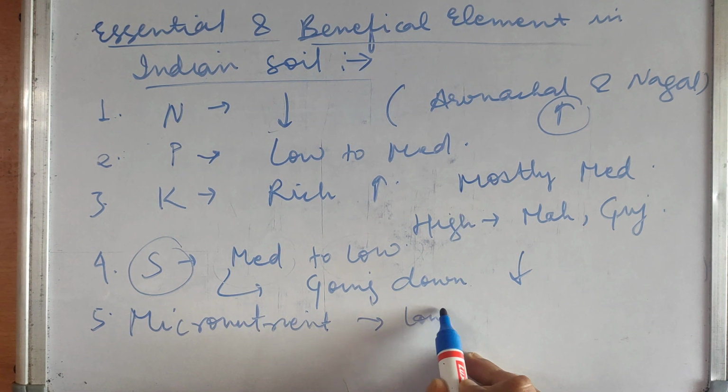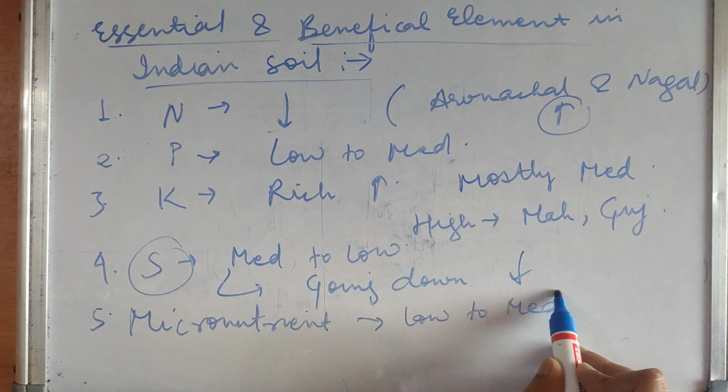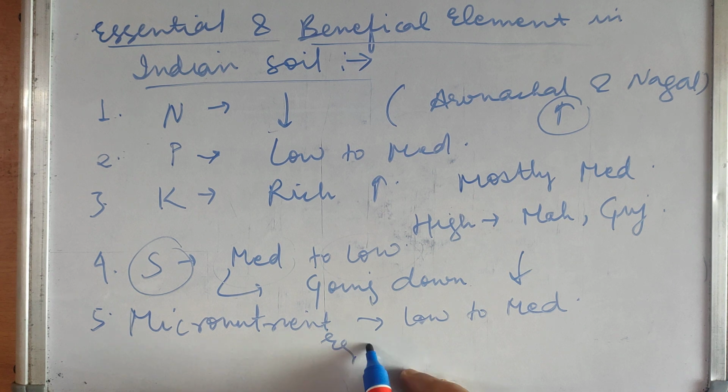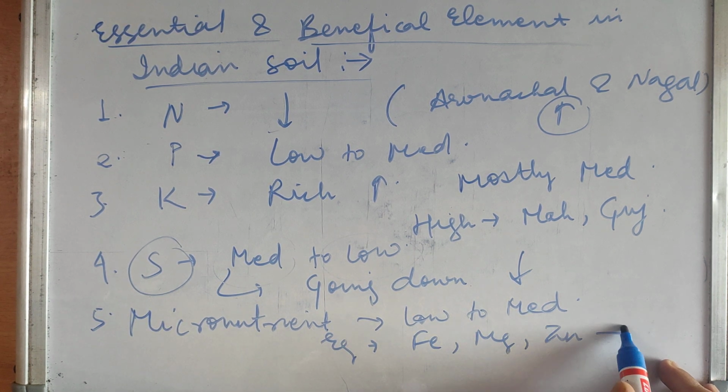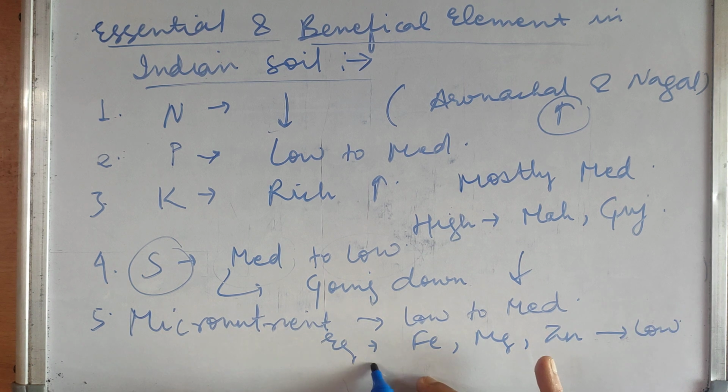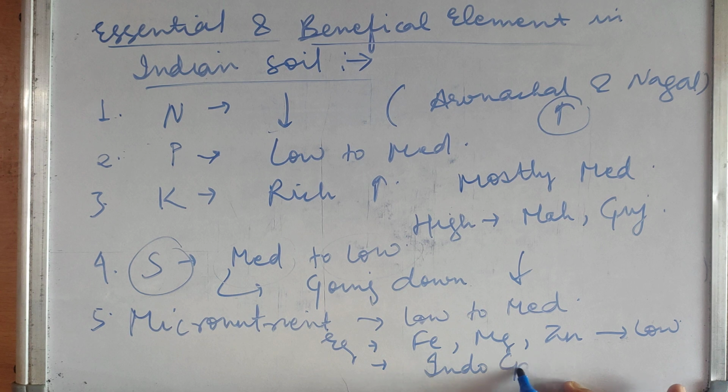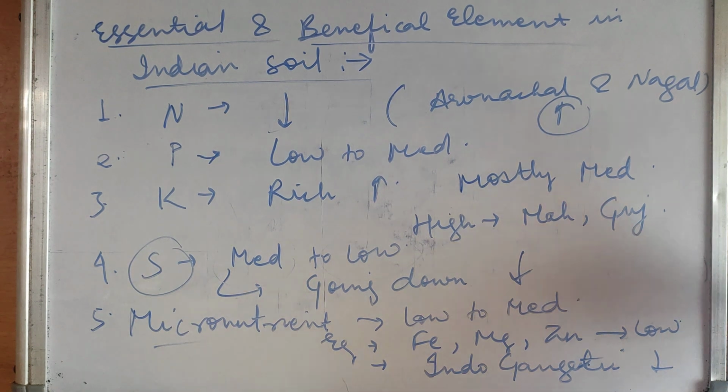It is also low to medium. For example Fe, Mn, zinc, Zn are low, and our Indo-Gangetic region is deficient in micronutrients. So these are the status of essential and beneficial elements in Indian soil.